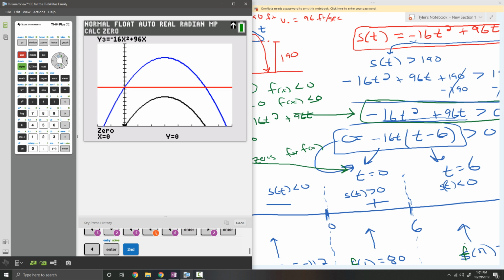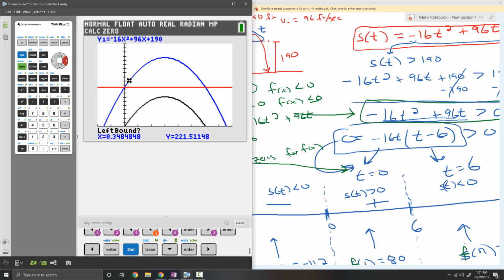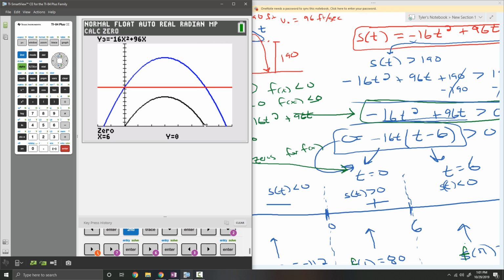And then you could find the other one, again on the black curve. We go to the left, then to the right, and try to get right on it. And we get 6 for the other x value, which is what we got algebraically. So that backs up our answer.